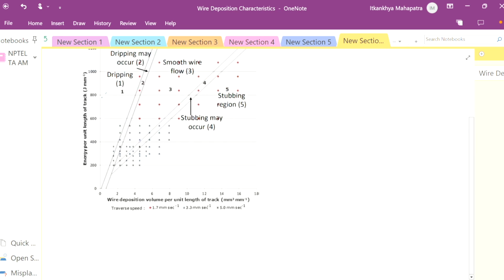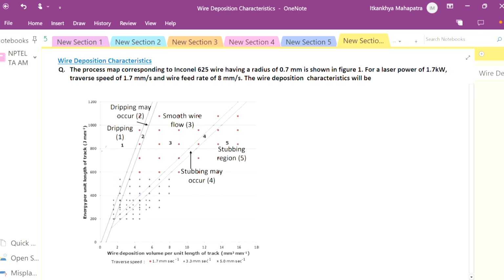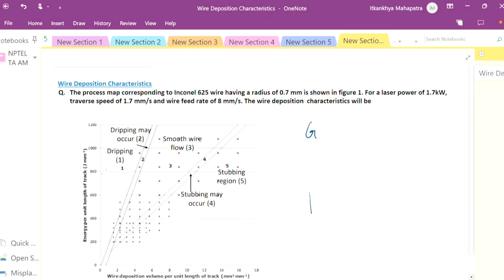See, in your x-axis you have wire deposition volume per unit length of track, and in the y-axis you have energy per unit length of track. This is the graph of energy versus feed rate.